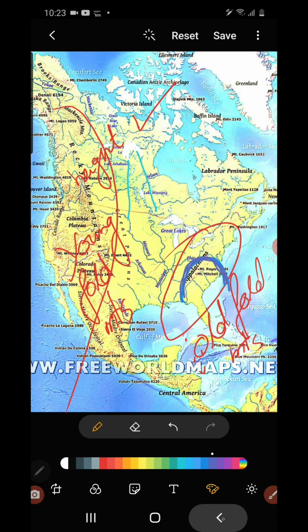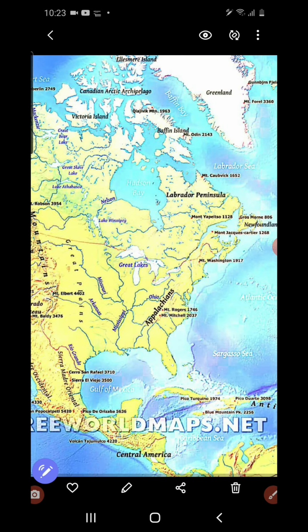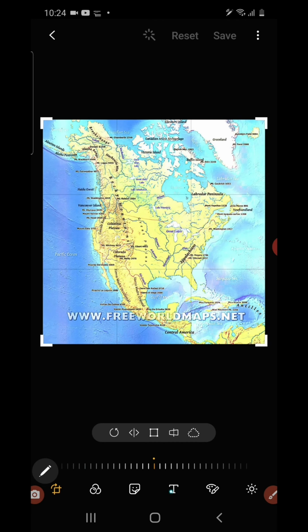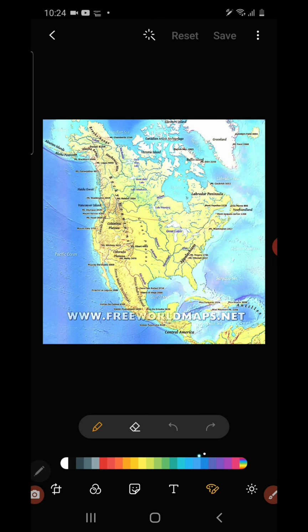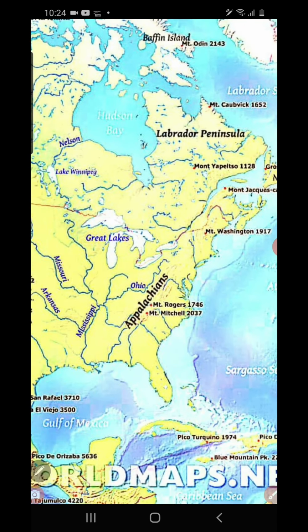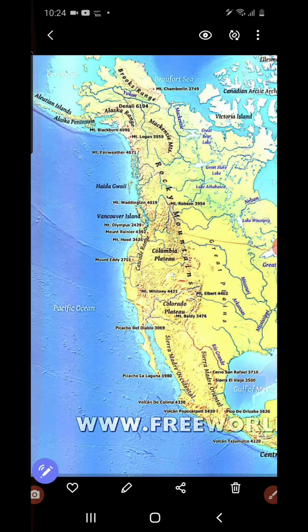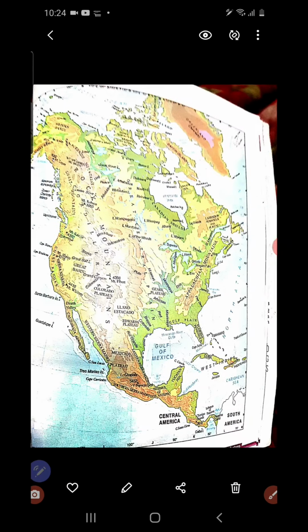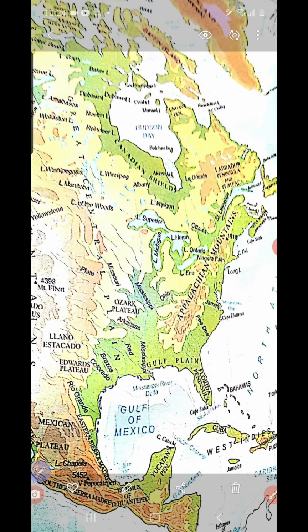Now, when we discuss the Appalachian Mountain, another fact is that a number of rivers drain through this mountain. This Appalachian Mountain stretches from the St. Lawrence River. You cannot find it here, but we will find the St. Lawrence River from here. You can see the St. Lawrence River in the map given in your textbook.